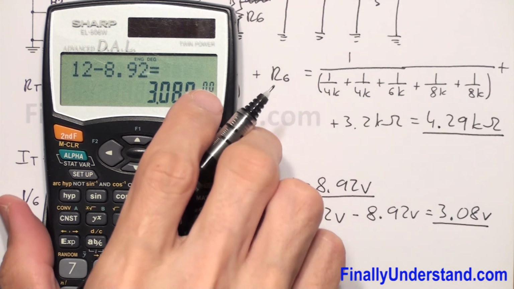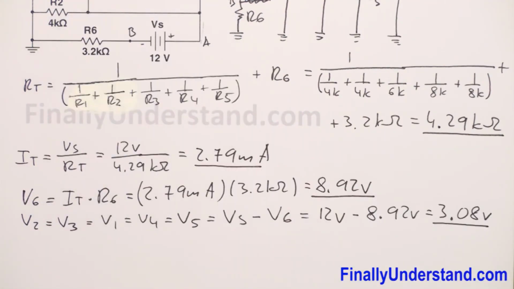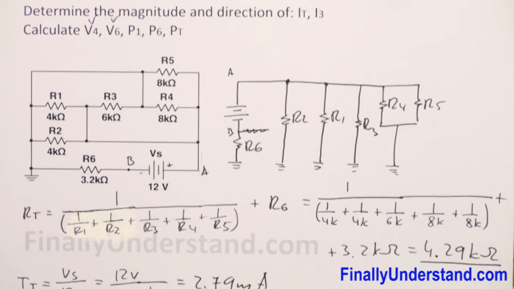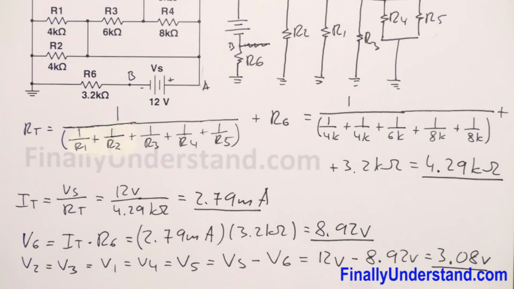Okay, so this is the voltage across the resistors. The problem is asking me for V4, right? So my voltage across resistor R4 is equal to 3.08 volts.